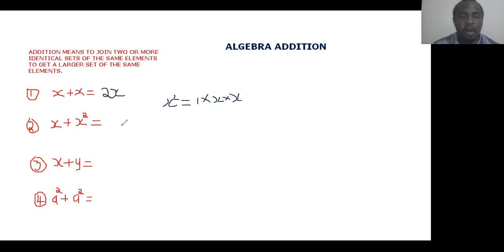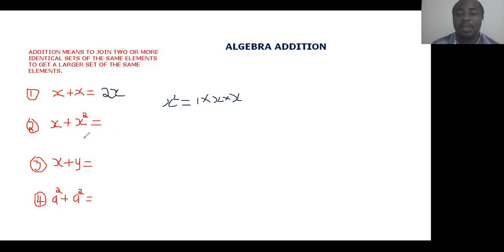All right. Now, having that cleared, let's look at if we can add these. Now we have x plus x squared. Addition says we're to join two or more identical sets. When you look at these two things, we have x and we have x squared. The first thing that should jump out at you is that these two things are not identical. I know somebody might be saying, but what if I re-express it as 1 times x times x?